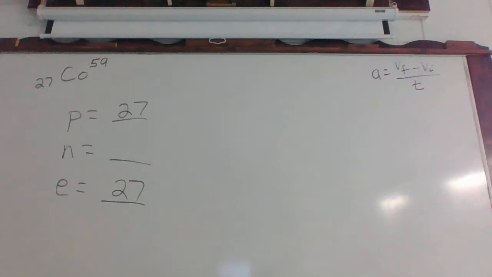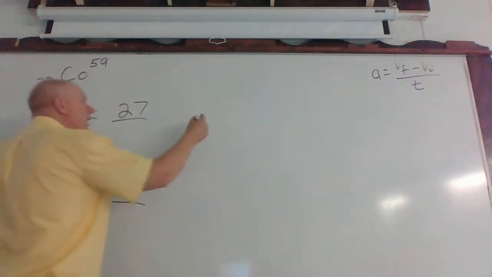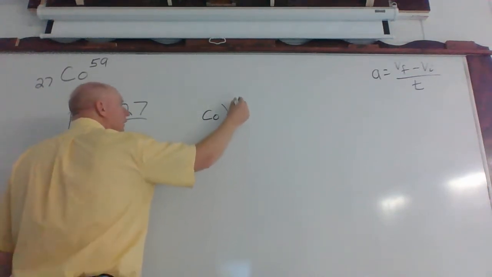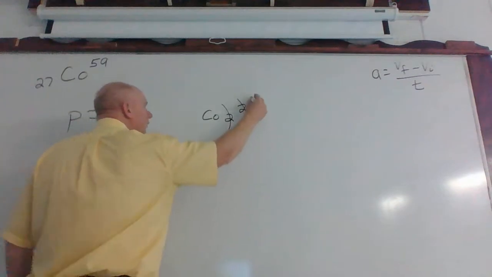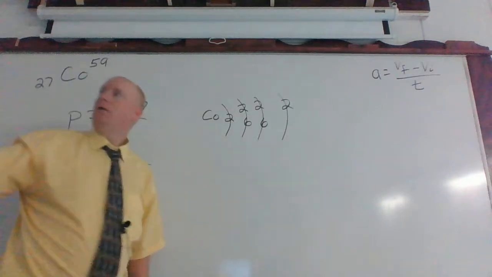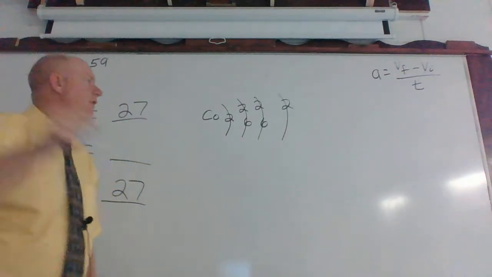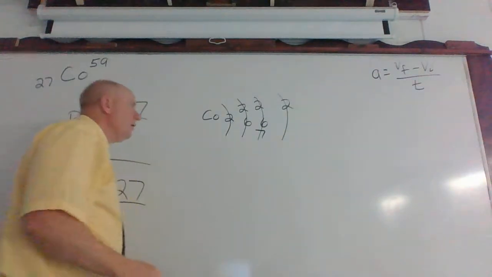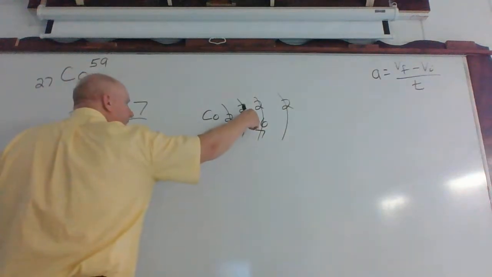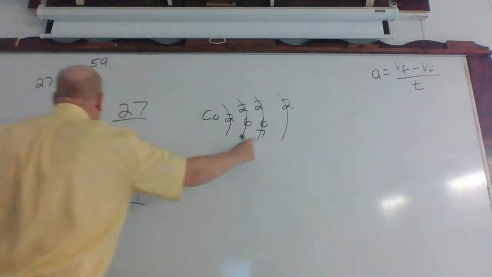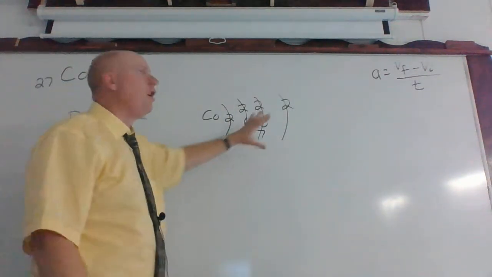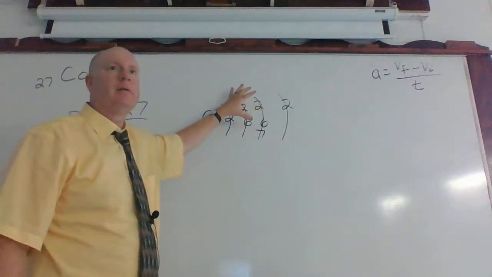Okay? So from physical science, what we would have done is, here's your electron cloud. One, two, three, four, five, six, 7. Okay? So if you add all them numbers together, we get 10, 18, 20, 27. So that matches that 27. So these electrons that have a negative charge are all rotating around this nucleus. Okay?